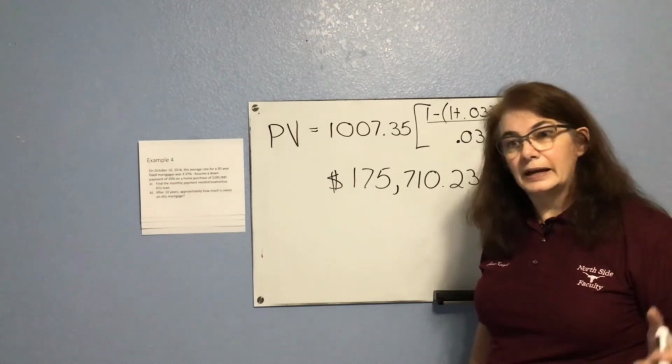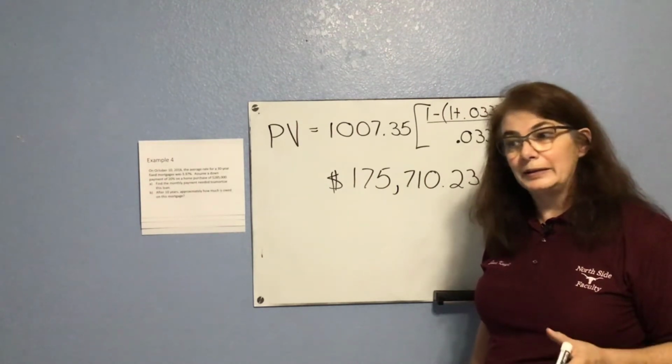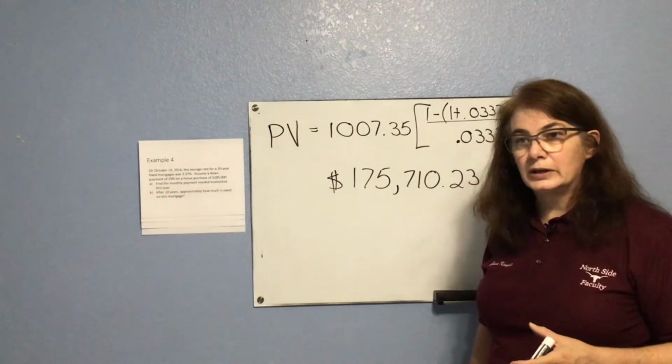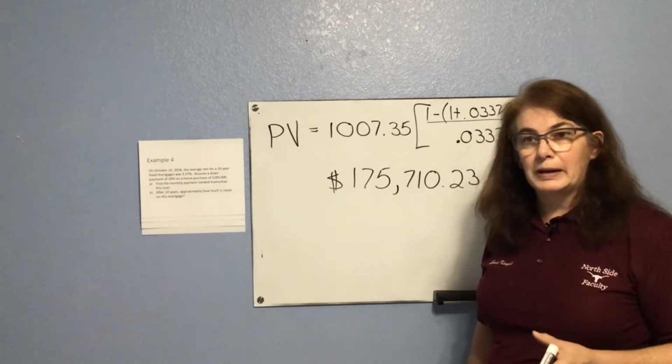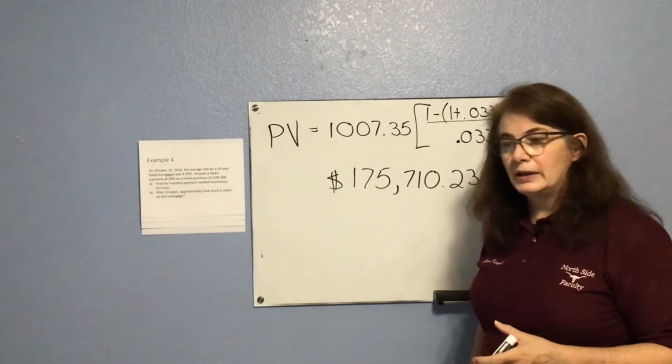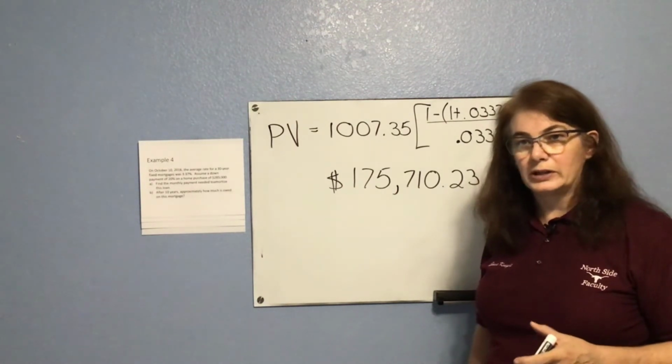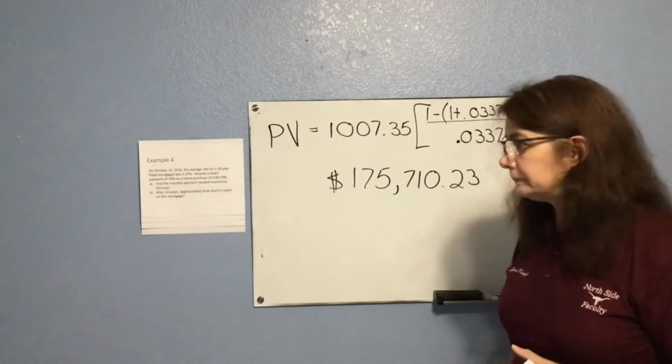But the idea is that every month you're paying off a little bit more, so that at the end of the mortgage, almost all of the payment is going toward the principal and very little toward the interest. But at the beginning of the mortgage, it's just the opposite.